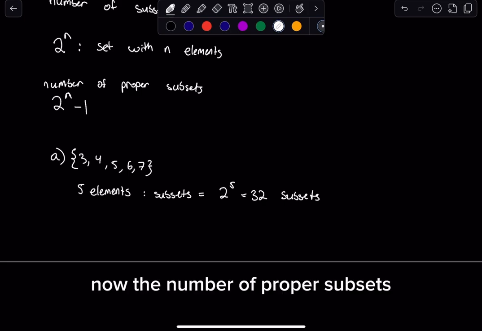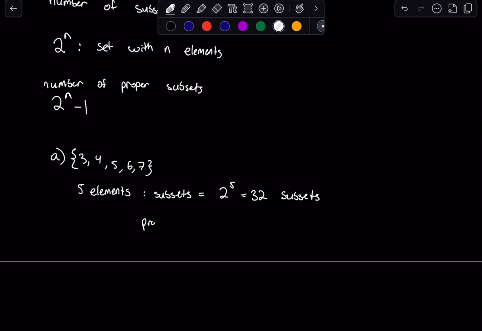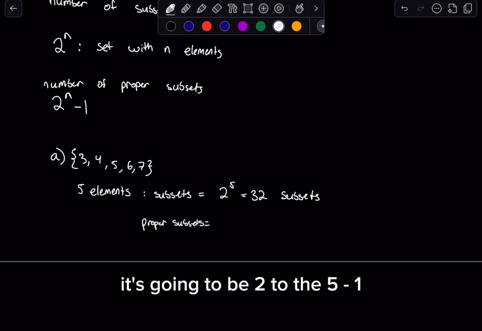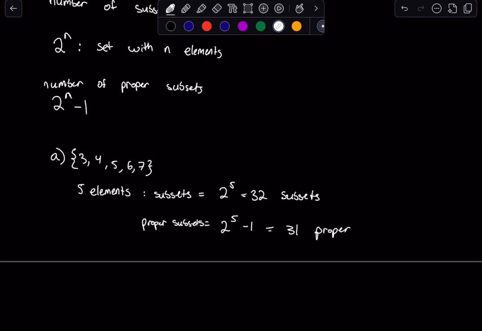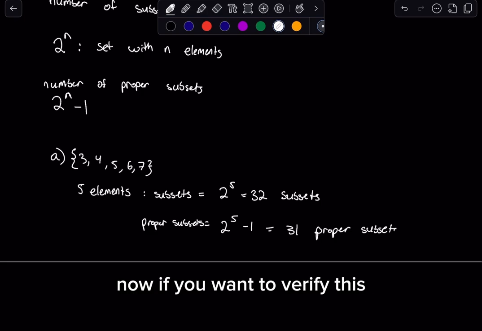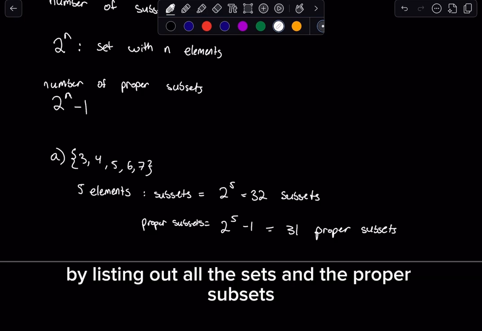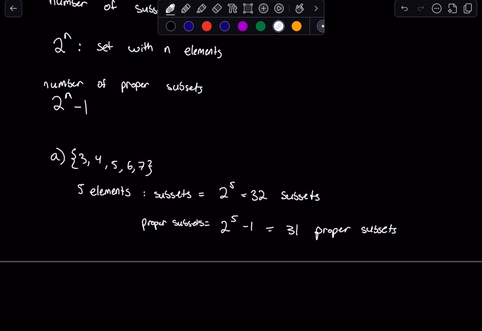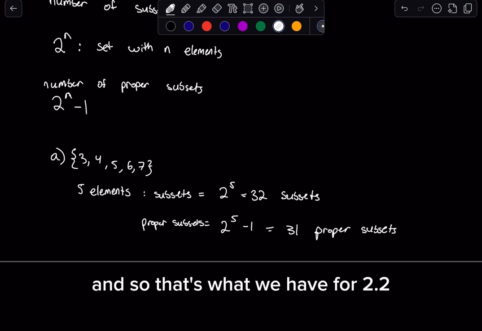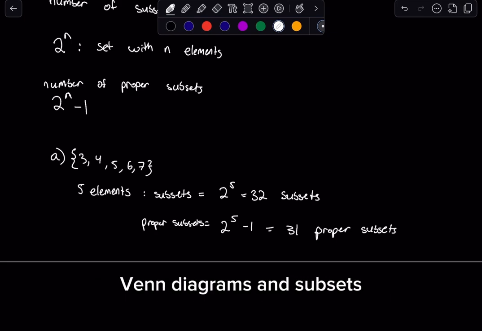Now the number of proper subsets is going to be 2^5 minus 1, which is equal to 31 proper subsets. Now, if you want to verify this by listing out all the subsets and the proper subsets, you can do that, and you'll end up with these values. And so that's what we have for 2.2 Venn diagrams and subsets.